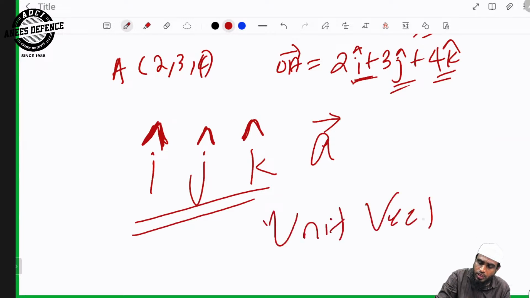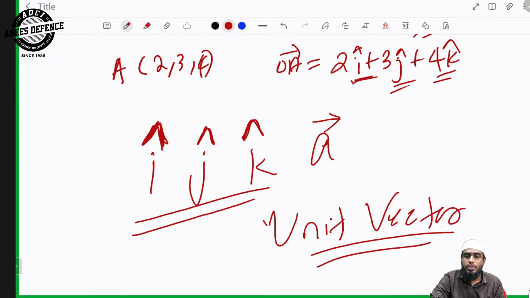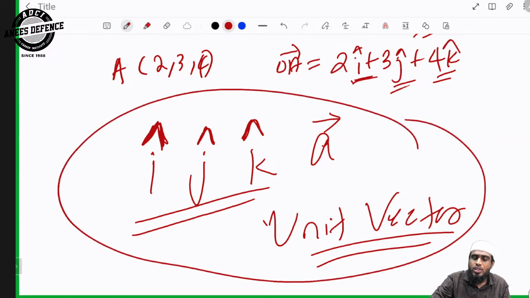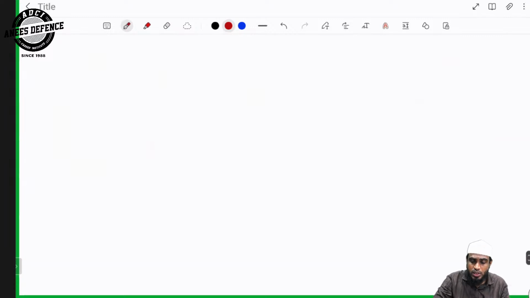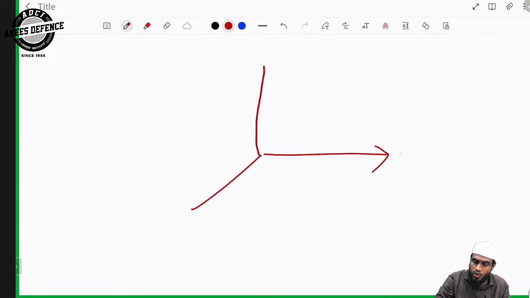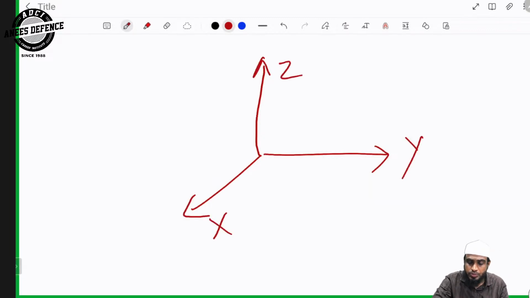That is another classification of vectors. Unit vector: if the magnitude of the vector is equal to 1, then we can call it a unit vector. So I, J, K are unit vectors along 3 different directions: x-axis, y-axis, z-axis.